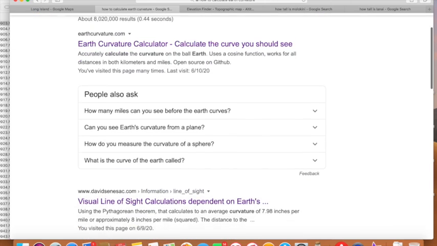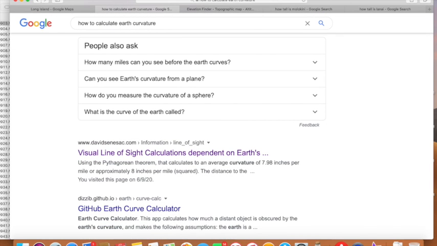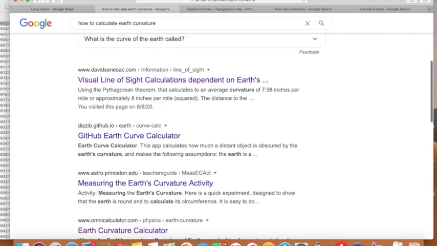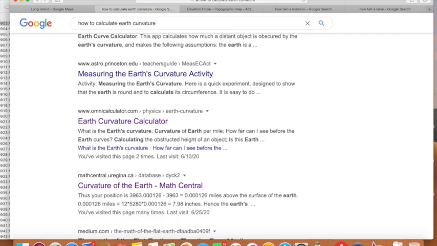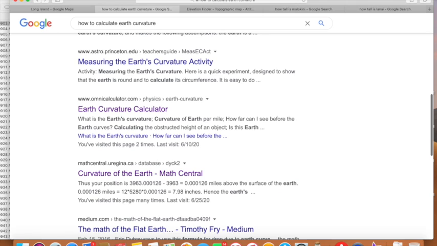There are many websites on how to calculate the Earth curvature, and they pretty much all have the same formula, which is you square the number of miles that are observed, and you multiply that by 2/3 of a foot to see what height you're not supposed to be seeing at that distance you have squared in miles. And you shouldn't be seeing anything below that height in feet.